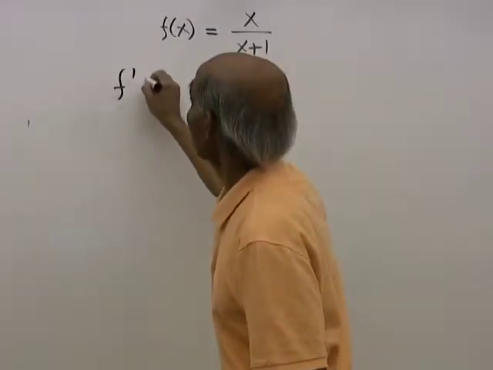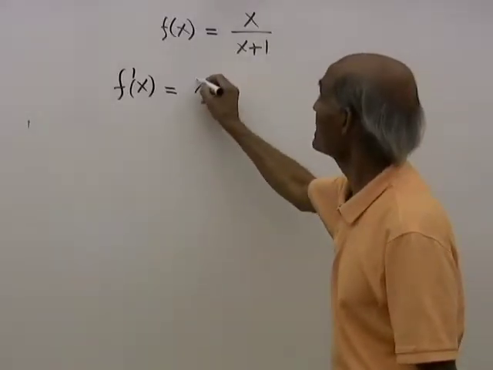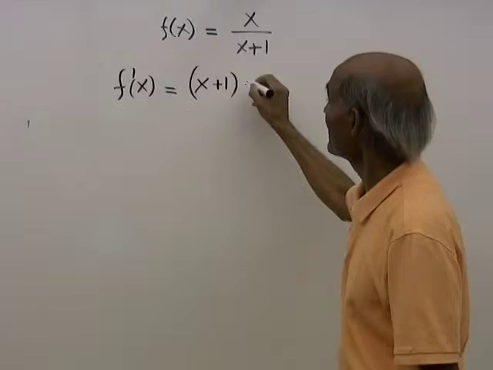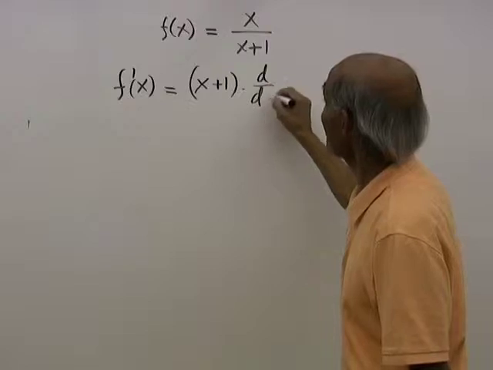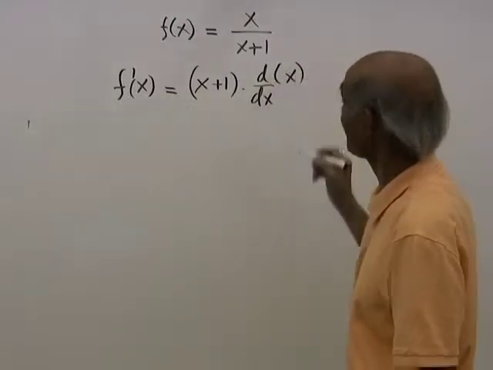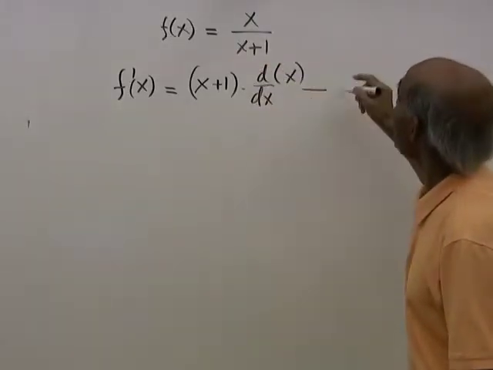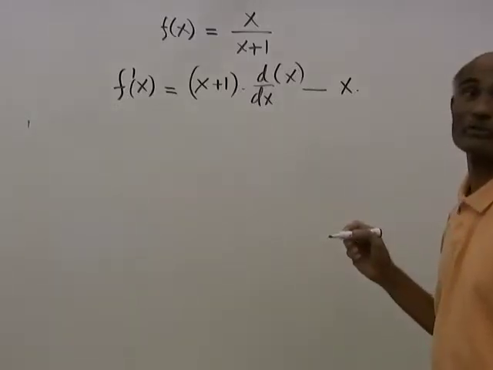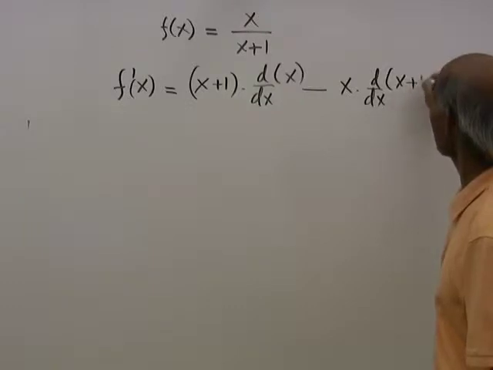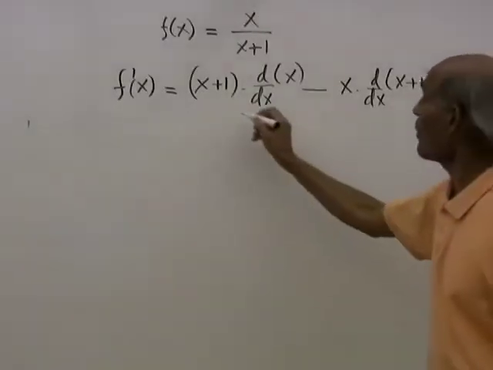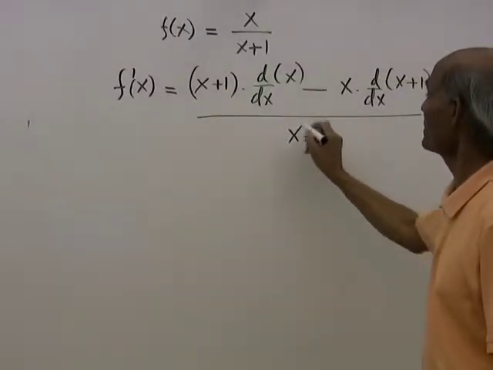So that will be f prime of x equal to the denominator, that is x plus 1, times the derivative of the numerator, d by dx of x, minus the numerator, that is x, times the derivative of the denominator, all over the square of the denominator.